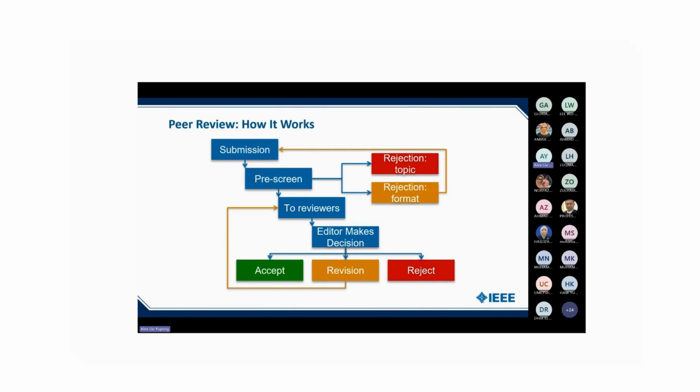The revision happens between the authors and reviewers. Sometimes it can go beyond 1 or 2 rounds, and after a first or second round of revision, the editor will make the final decision whether it's accept or reject. The only thing is, for conferences, generally the revision is not much.